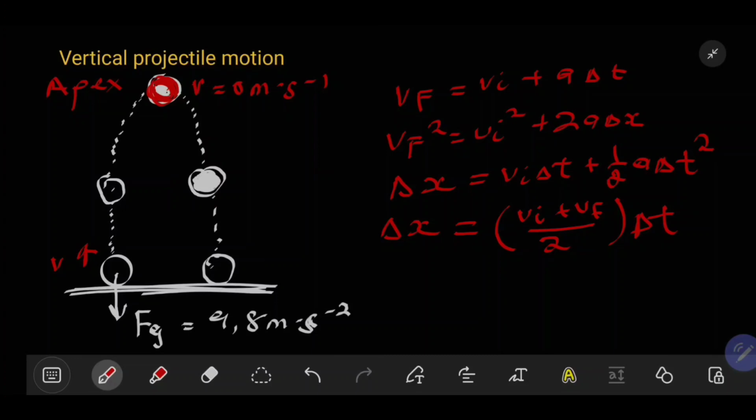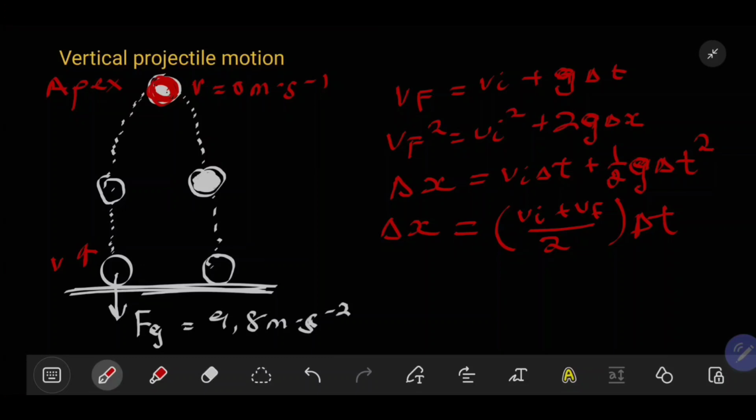The a is for the acceleration, and we know that the acceleration which pulls the ball throughout the motion is the gravitational acceleration. So on all of these formulas, where you see a, we are talking about the gravitational acceleration.